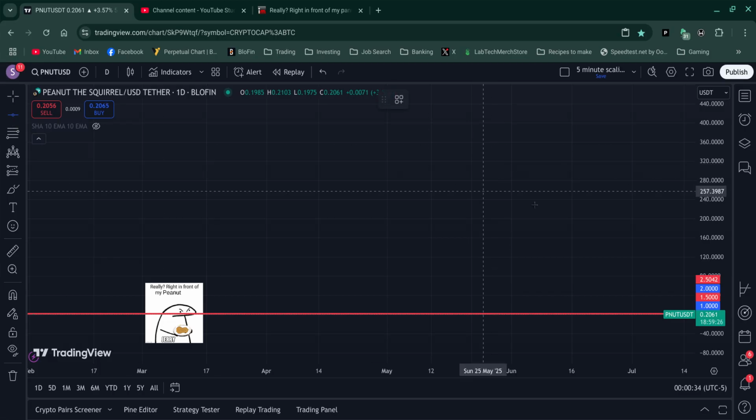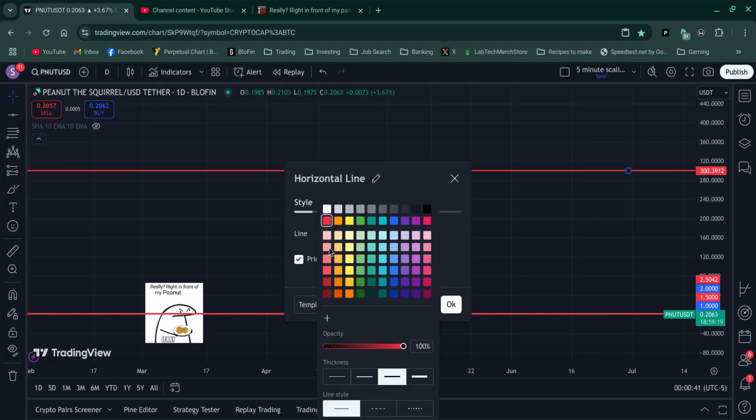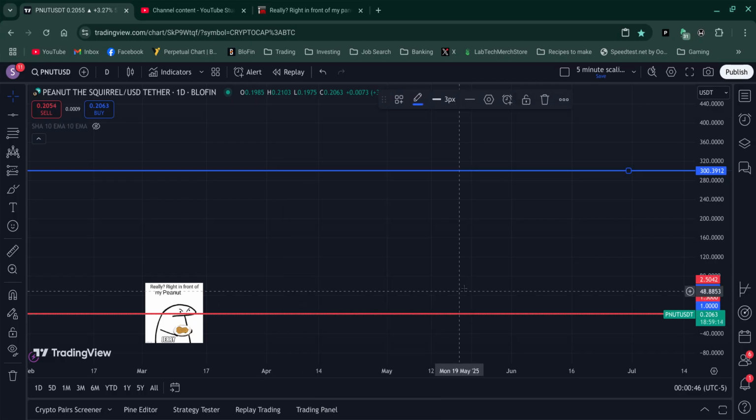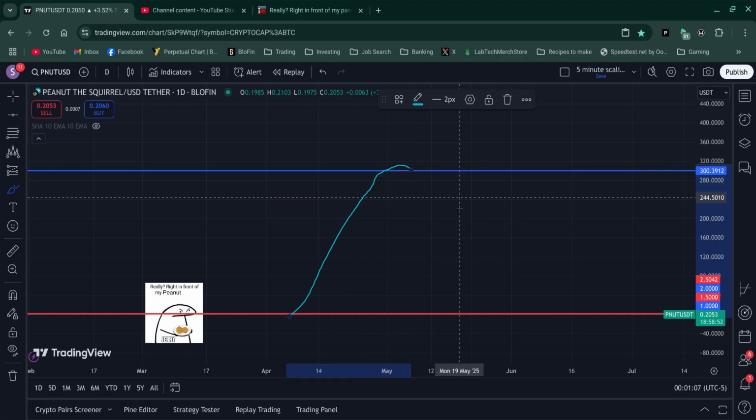So if Jerry were to set his grid with 1 cent per grid line up to $300, and the price were to very rapidly move from where it is now at less than $1 up to $300, and then Jerry sells at $300 exactly.